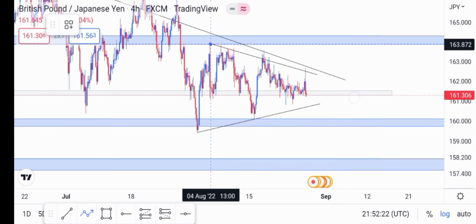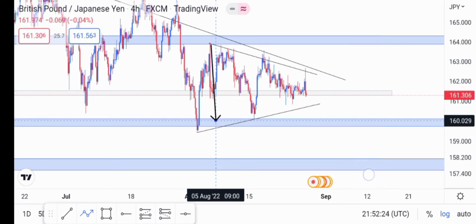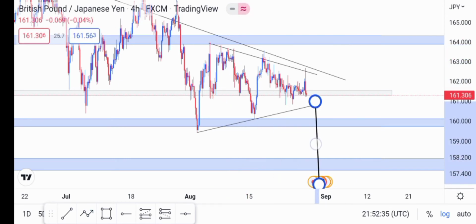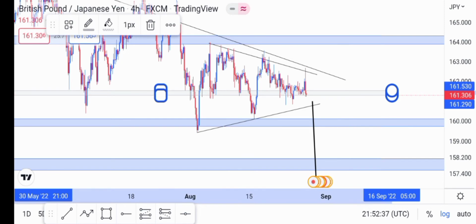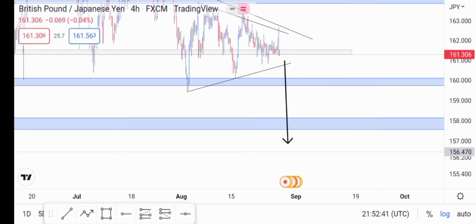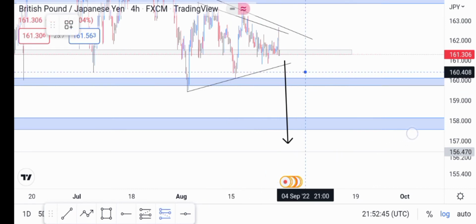place our orders. How are we going to place our orders? Going to use this for the length of our order from the breakout. So currently this is how we are going to trade on GBPJPY.